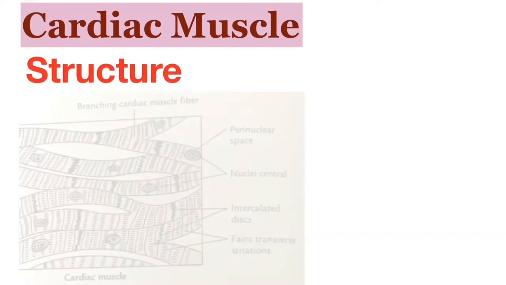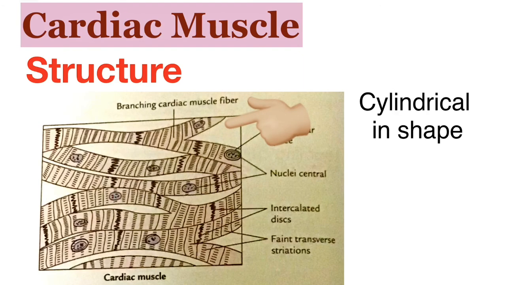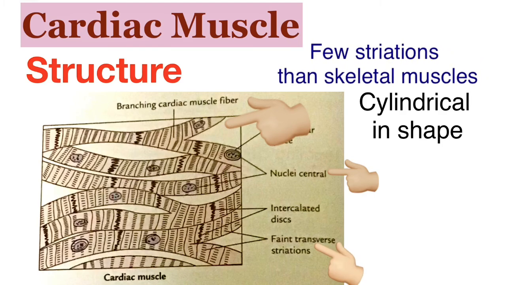Structure of cardiac muscles. These are branched muscles. They are cylindrical in shape. Cardiac muscle cells have only one nucleus, which is located at the center of the cell. Cardiac muscles also have striations, but they are fewer in number in comparison to the skeletal muscles. In between two muscle fibers, a disc-shaped junction is present. This is called intercalated disc.